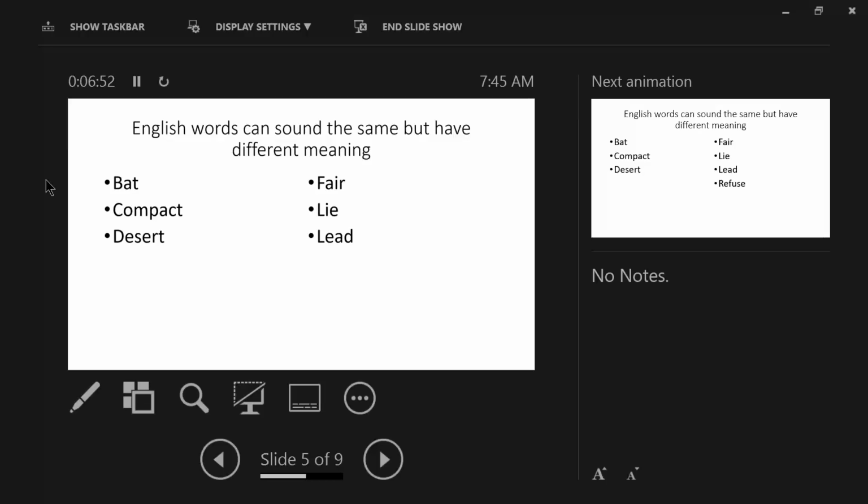Fair could be complexion, or it can be a part of a county fair. Lie could be something said, or it could be prostrate. Lead could be out in front, or lead could be, boy, I'm drawing a blank on that one. Maybe that's not a good word to have up there. Maybe you can help me out. Refuge, garbage, or refuse.